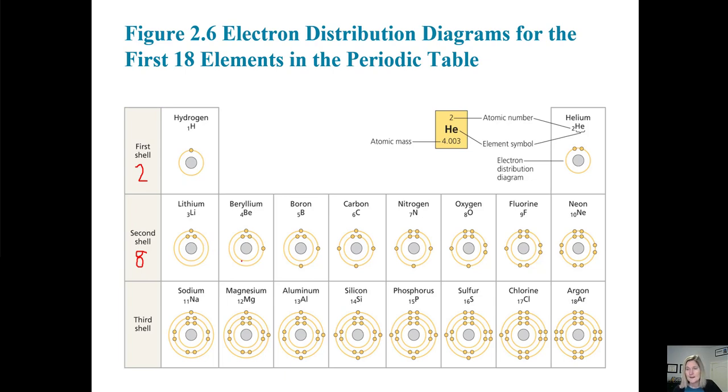If we look at carbon, the atomic number is 6, so there's 6 protons, 6 electrons. You can see how the first 2 electrons have filled the first shell, and then the rest of the electrons, all 4 of them, are evenly spaced along the second shell, but there's room for 4 more. If we look at oxygen, another very common element, it's the most in our body.